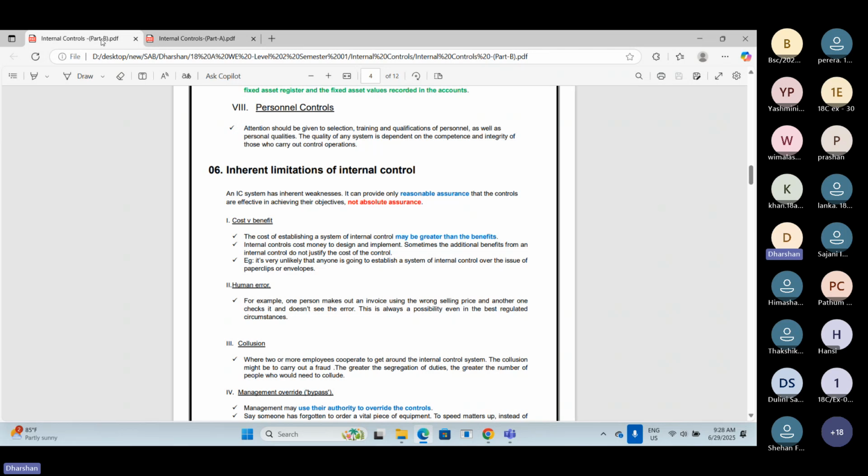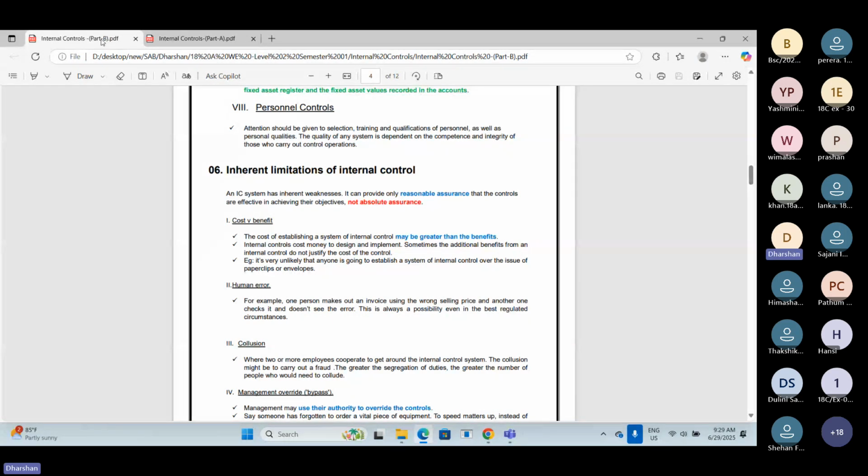Implementing controls in sales and purchase is okay, because those are the major processes. Even by incurring cost, implementing controls is worth it, because those are main processes.